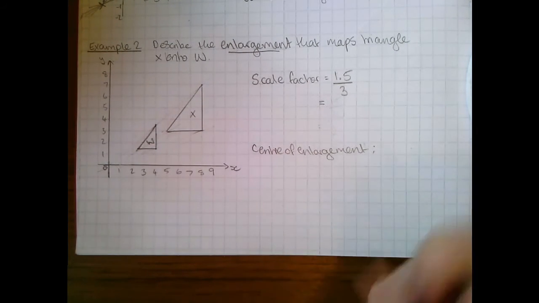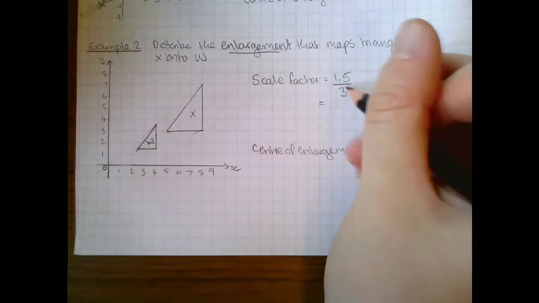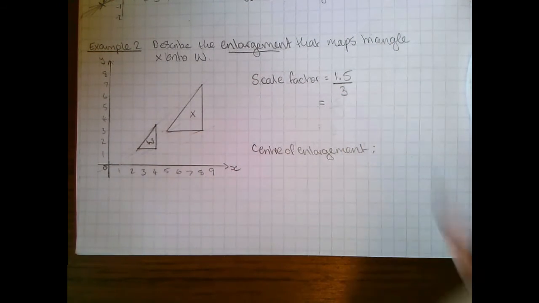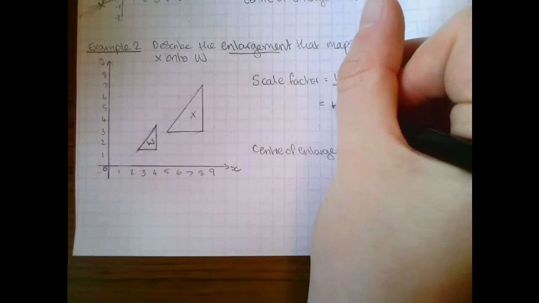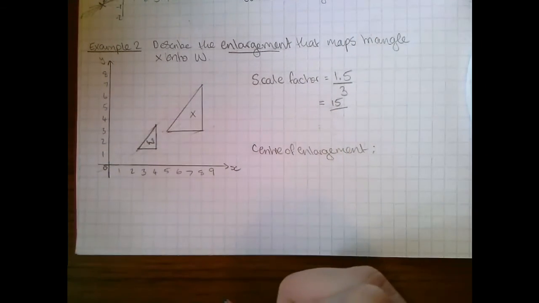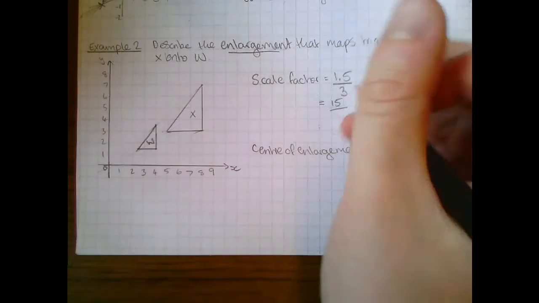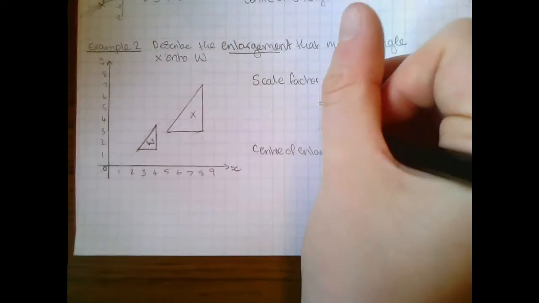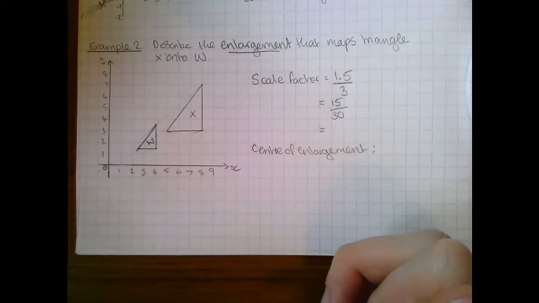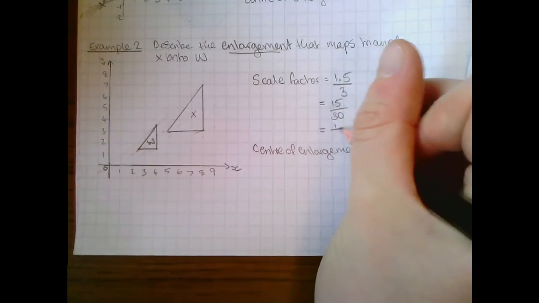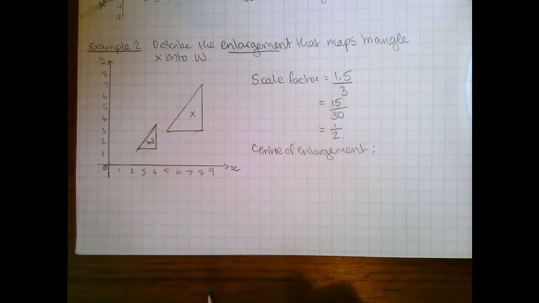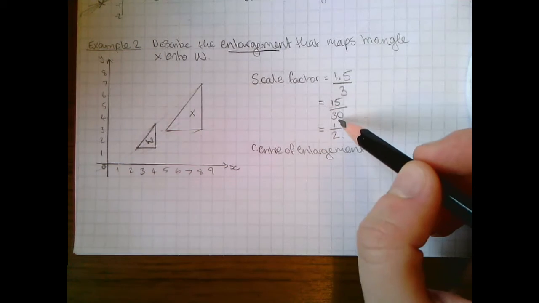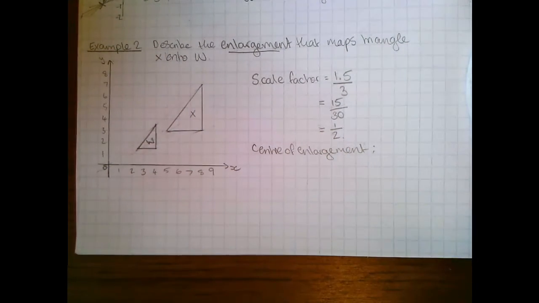It's a bit tricky to do, so we're going to do 10 times the top and 10 times the bottom. Okay, you can do that. It's just basic fraction work. So 1.5 times 10 is 15, and 3 times 10 is 30. Okay, we can see now that 15 divided by 30, 15 is half of 30, so we know that our answer is 1/2. Okay, 15 goes into 15 once, 15 goes into 30 twice.